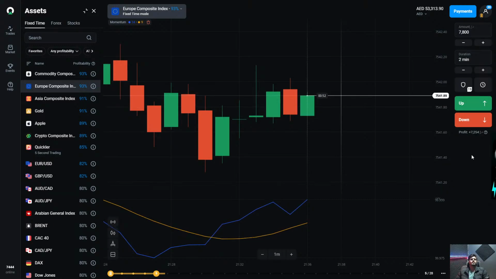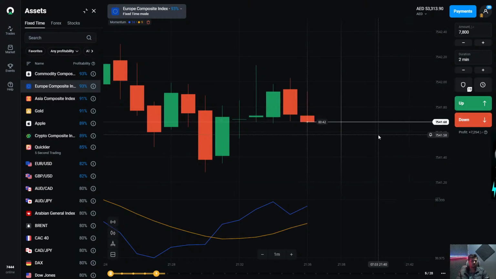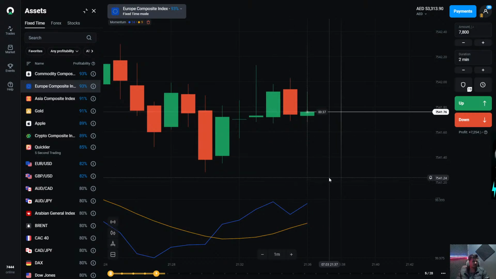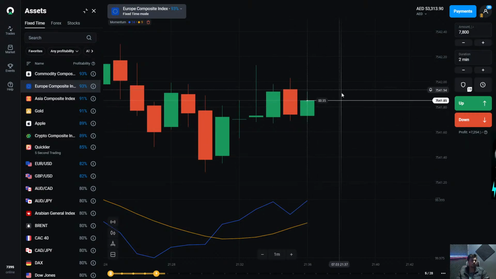Ah, it already went in the upward direction. When it comes back to the downward, then I can make the trade. Oh, it's trying to move downward. So let's skip this one, because it can also come back downward. We are not sure about it, but it can also move in the upward direction that it's moving right now.